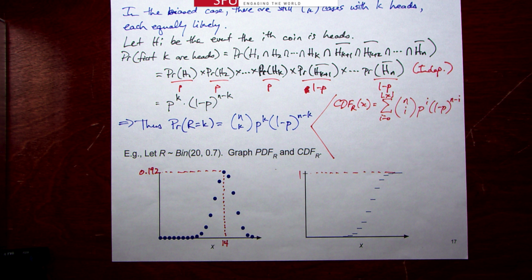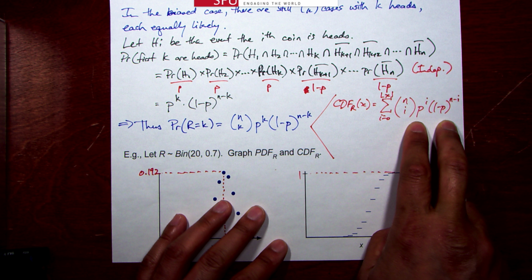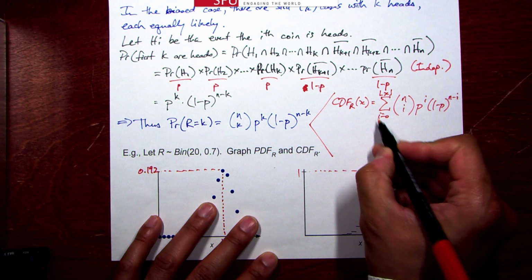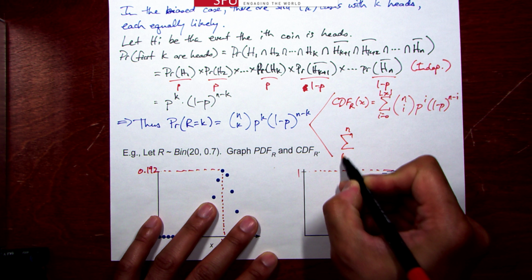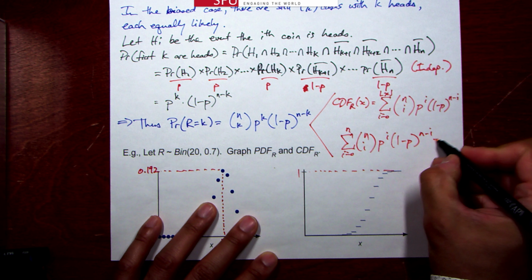We just had x's and y's in here, but these are different x and y's, right? So we suspect that if we were to take all the pieces, the sum from i equals 0 to n of n choose i, p to the i, 1 minus p to the n minus i, this should equal 1, because you're adding up all the pieces.